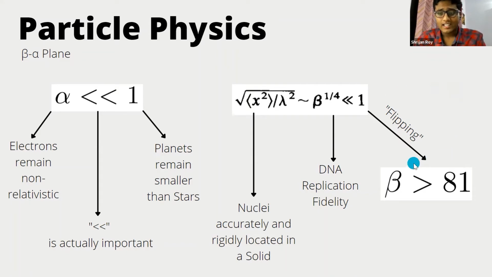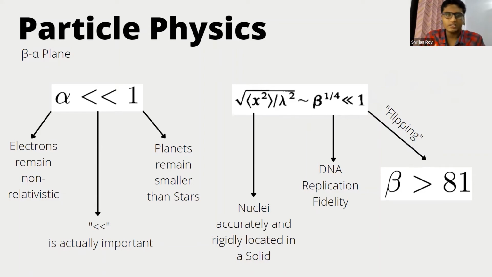So that's that. And there's also a flipping thing, where we may flip this constraint. Why? Some literature suggests that it is not necessary for the electron to orbit around the nucleus and the proton to be inside the nucleus. It is possible that in some universes, the electron is inside the nucleus and the proton is revolving around it.